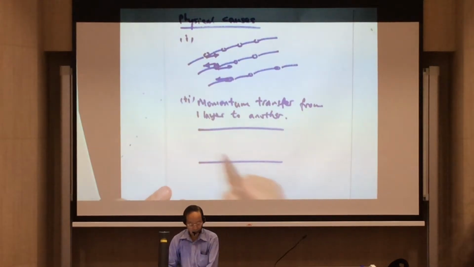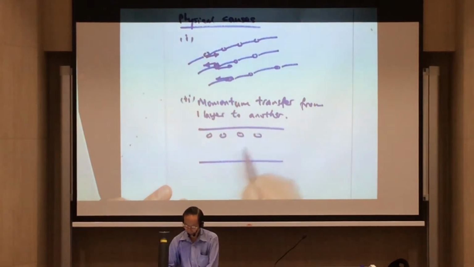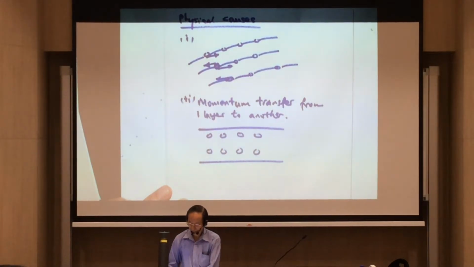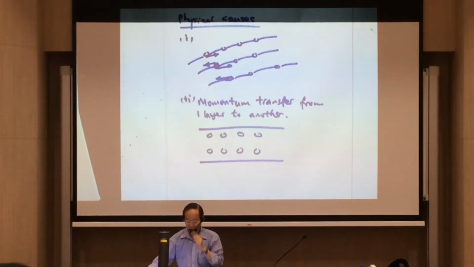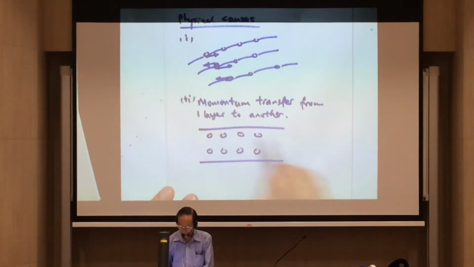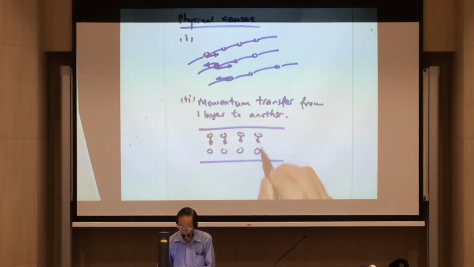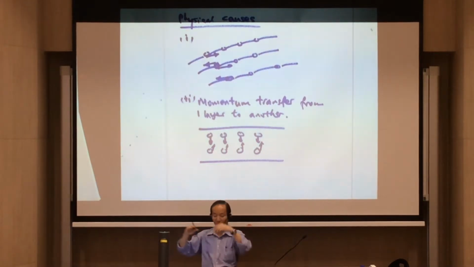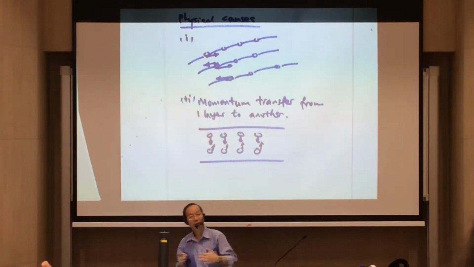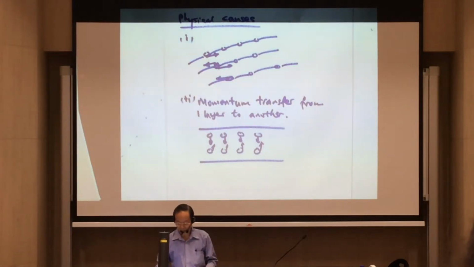This layer contains fluid particles, in fact down to atomic level in the molecules. This layer moves at a certain velocity, and because of turbulence and random motion, it will transfer momentum from this layer to this layer, and the fluid particles from the bottom layer will also transfer momentum because they move across each other's layer. They either slow it down or speed it up.